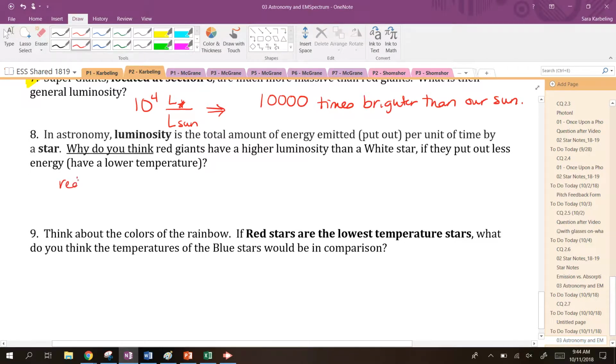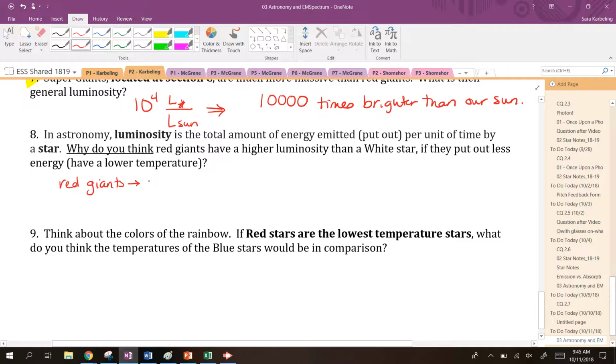Because if you have a smaller star letting out a ton of energy, the red giant can still be letting out more energy because it's bigger. Right, that's exactly it. It wouldn't be letting out more per square mass. It's just got a whole lot more space, a whole lot more surface area. Okay, that's exactly right. Nice work.